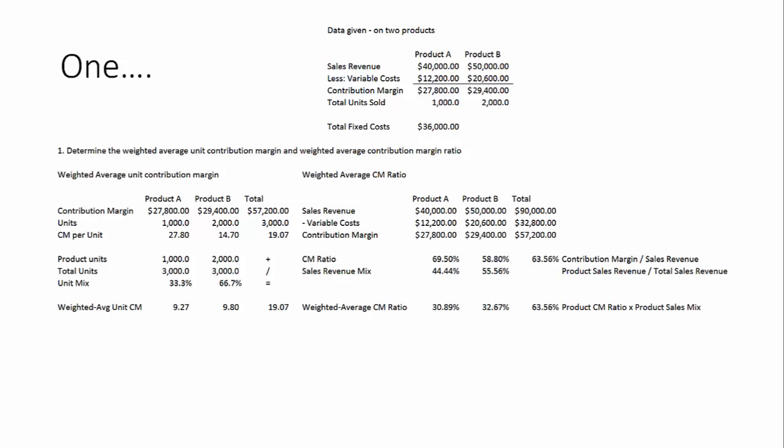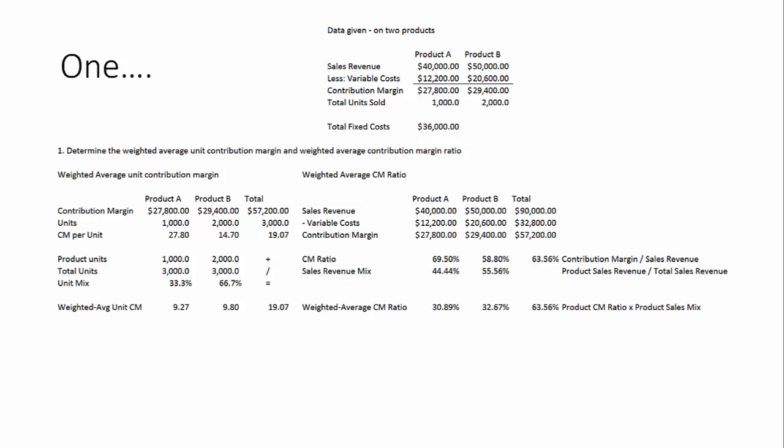However, you can do this another way, where you take that contribution margin ratio and multiply it by the sales revenue mix. We get the sales revenue mix by looking at product A. The 40,000 is what percent of the total 90,000? That 40,000 represents 44.44% of the total sales revenue.